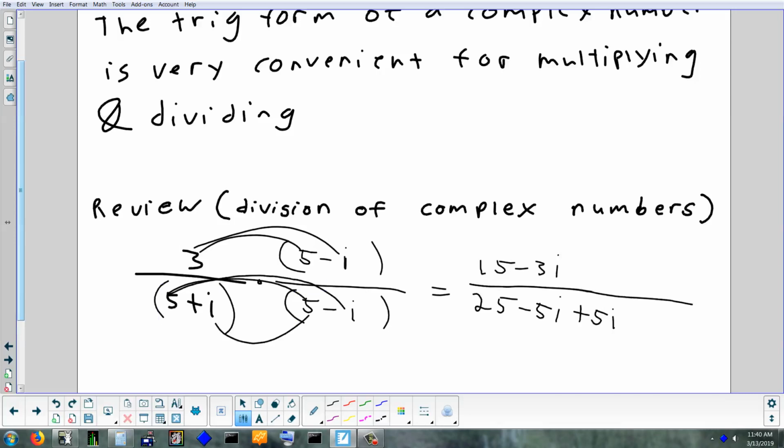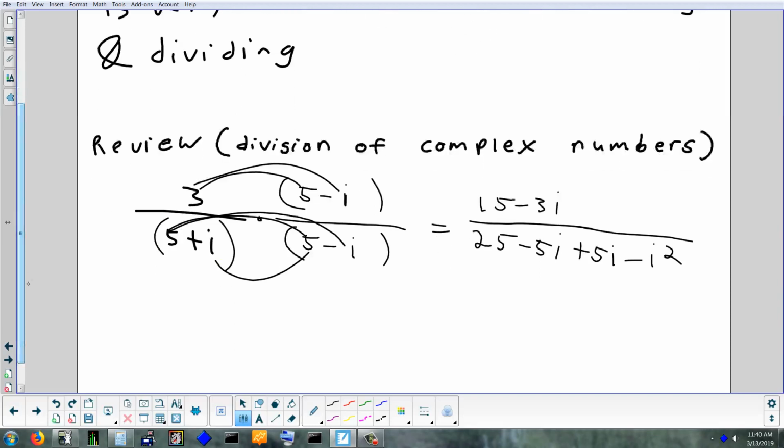What's a positive times a negative? A negative. What's i times i? Well, before we get there, let's just write i times i. Just i squared. But now you have to remember something else. You got to remember that i squared is negative 1. So in the top, you've got 15 minus 3i. Now, negative 5i plus 5i, those really just cancel out.